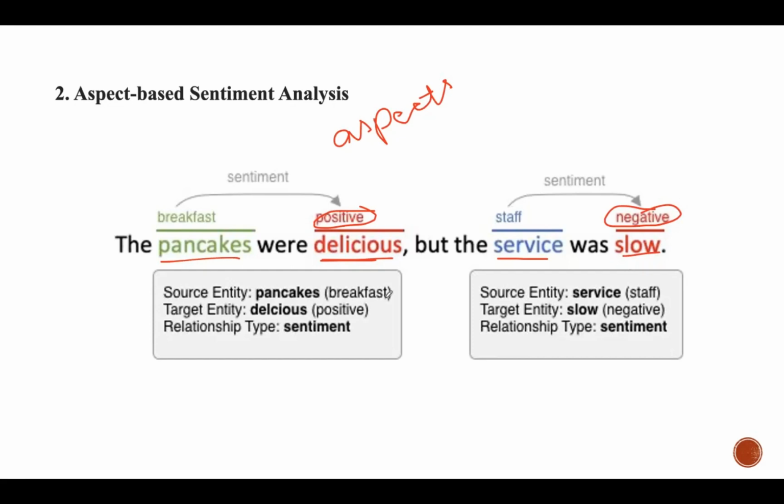Simply we can say that aspect-based sentiment analysis is a process of recognizing predetermined aspects and their associated sentiments in the data set. So here the predetermined aspect is pancake, and the sentiment associated with that is delicious.